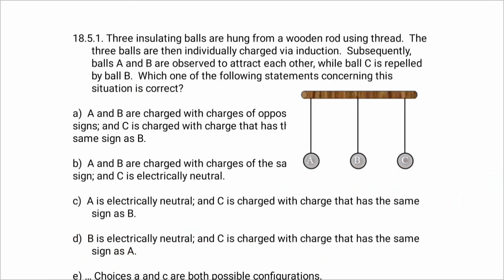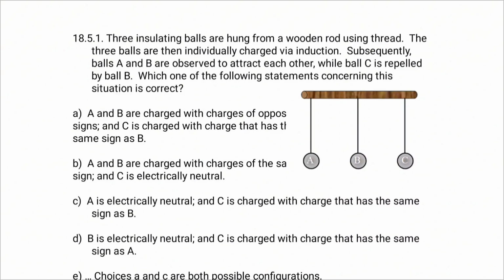And lastly, three insulating balls are hung from a wooden rod using thread. The three balls are then individually charged via induction. Subsequently, balls A and B are observed to attract each other, while ball C is repelled by ball B. Which one of the following statements concerning this situation is correct?